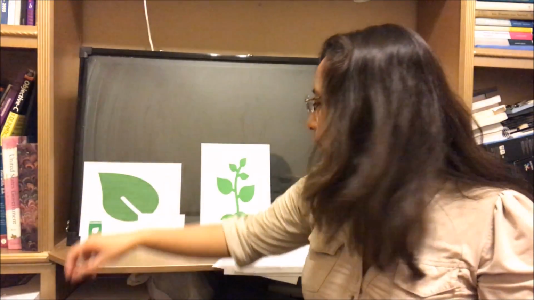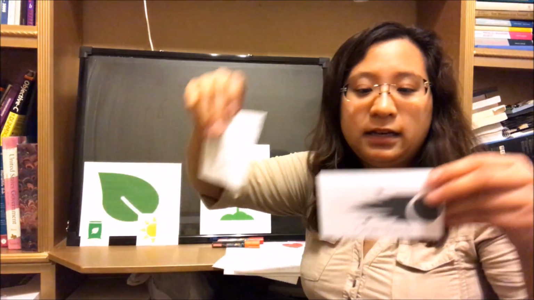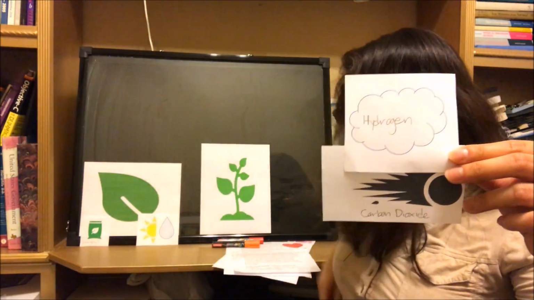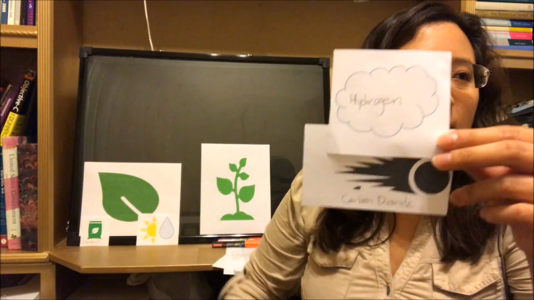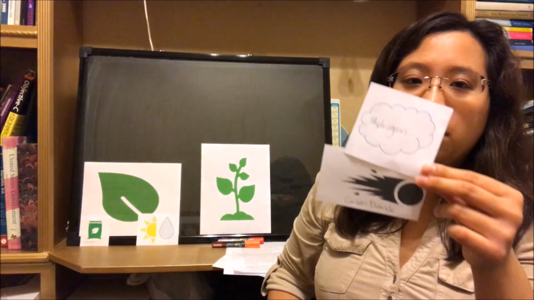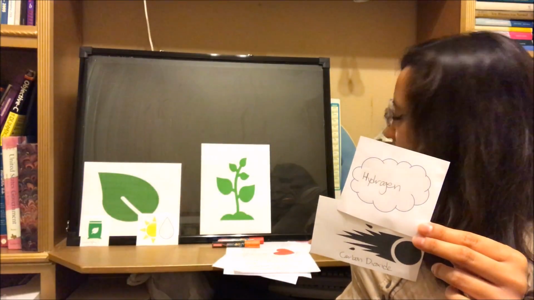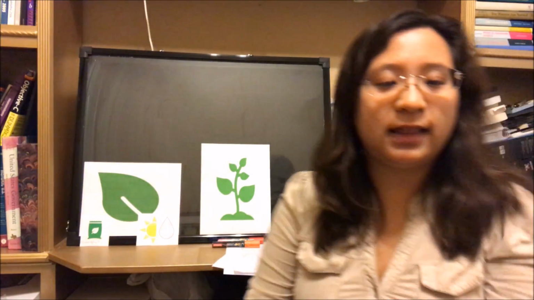So Carbon Dioxide and Hydrogen meet, and they fall in love. And so, from this union of Hydrogen and Carbon Dioxide, you get their pretty, sweet little daughter, Sugar, otherwise known as glucose.